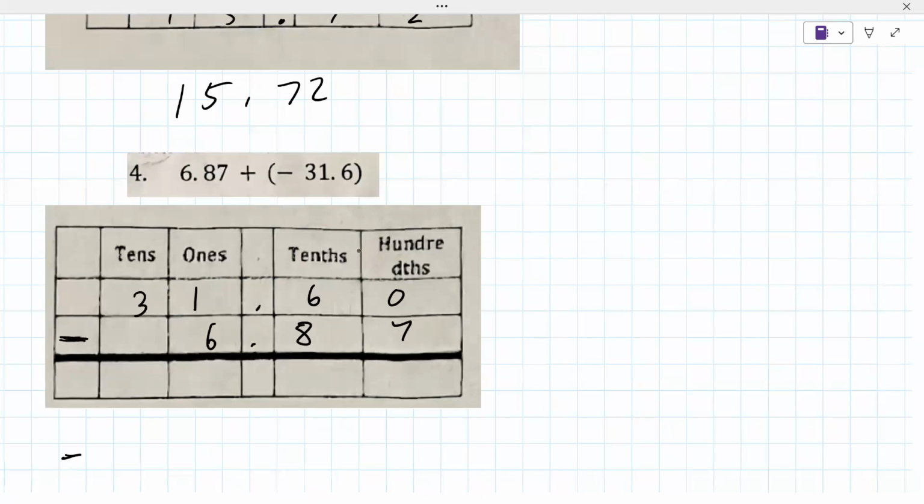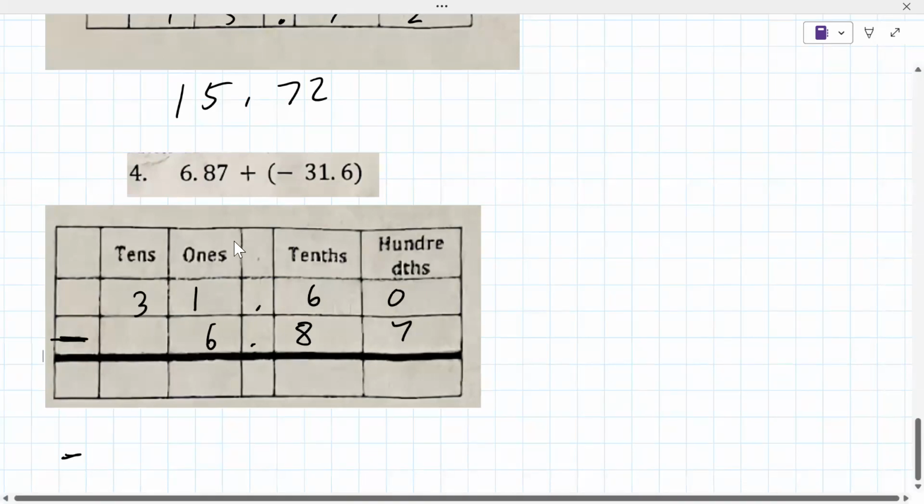38.55. You're subtracting again. So wouldn't that be negative 38.55? No. You're subtracting the numbers. The number has to get smaller than the bigger number.